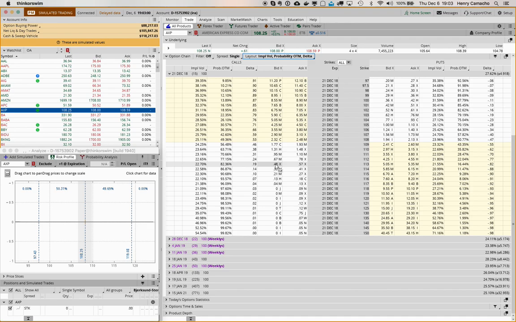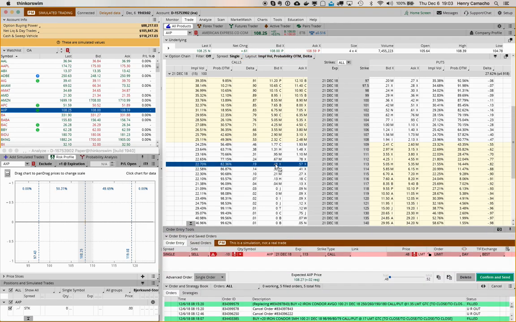So I will click on the bid to get the initial sell of this side, and then I will look at the range, and basically at the strike prices I'm willing to go, typically $5 either direction.